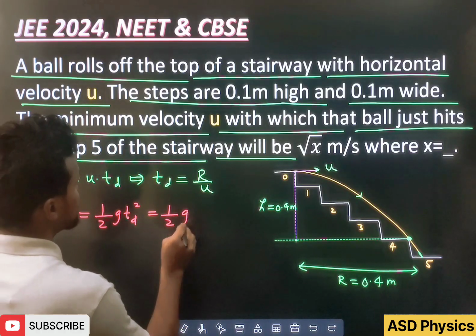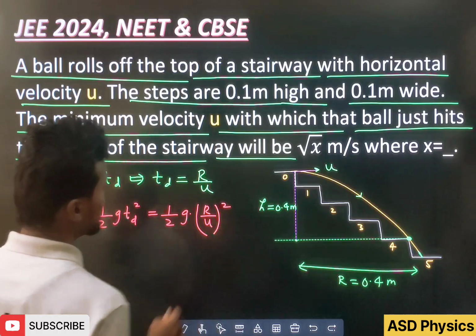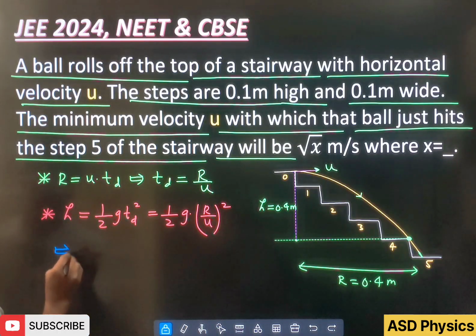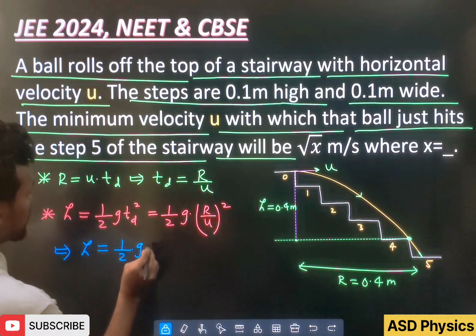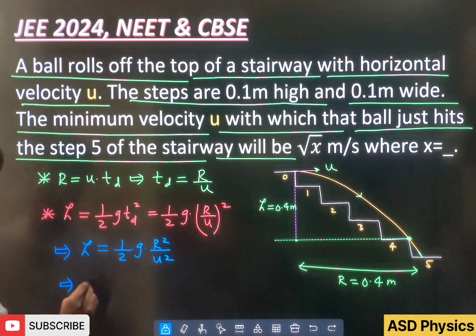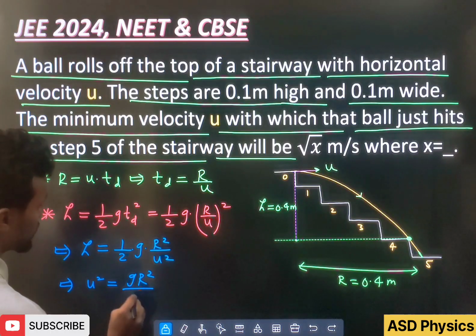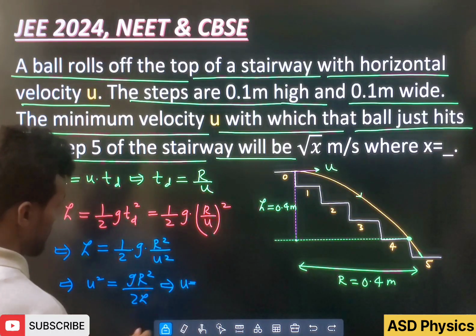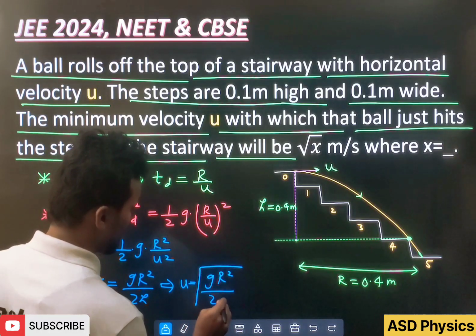So I replace the time of descent, it becomes half g into r by u square. Now we'll simplify this. h equals half into g into r square by u square. So from here u square is g r square by 2h. So u is the square root of g r square by 2h.